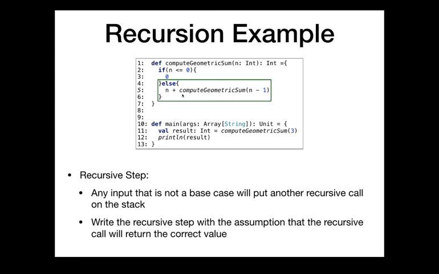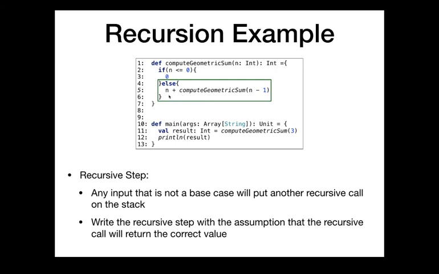Okay, if I have the geometric sum of n minus 1, and I'm tasked with computing the geometric sum of n, how do I get there? Well, I'm going to add n to the geometric sum of n minus 1, and now I have the geometric sum of n. If I have all the values n minus 1 to 1 summed together, I add n to that, I get the values from n to 1 all summed together.